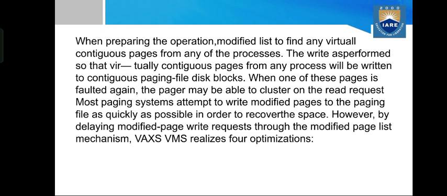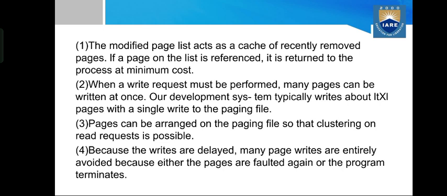However, by delaying modified page write requests with the modified page list mechanism, VMS optimizes in several ways. First, the modified page list acts as a cache of recently removed pages.